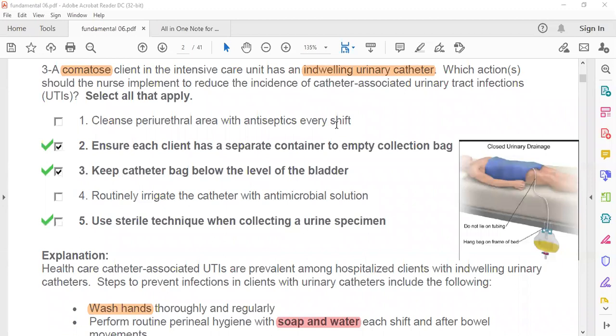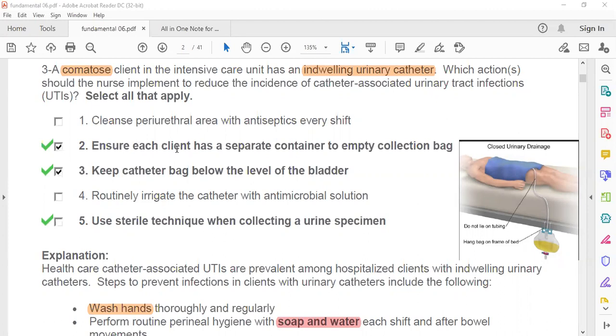It is very important to clean the periurethral area every shift, but we do not need antiseptic. The guideline does not say that. According to the guideline, we clean the periurethral area with soap and water. So it is not an answer to prevent the UTI.